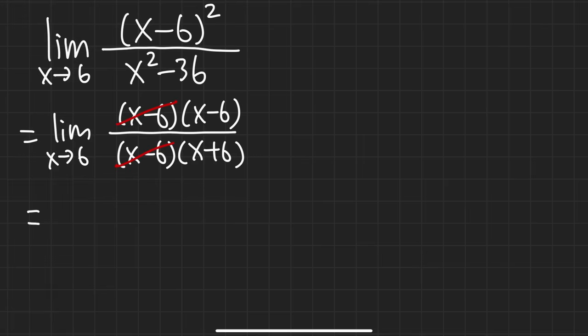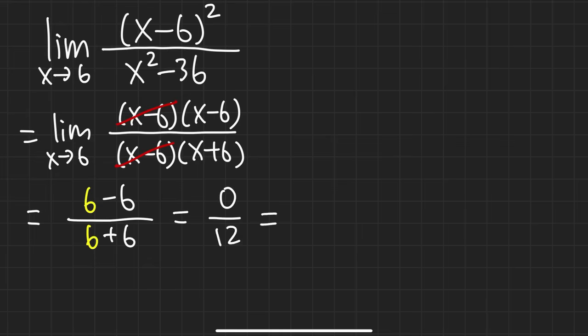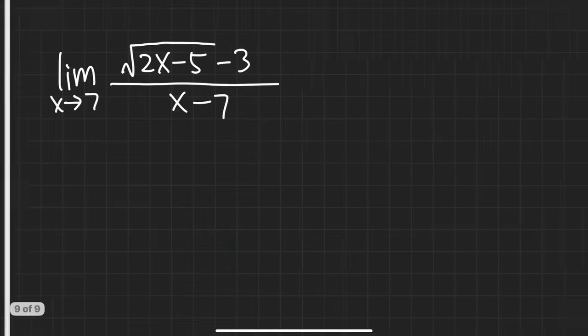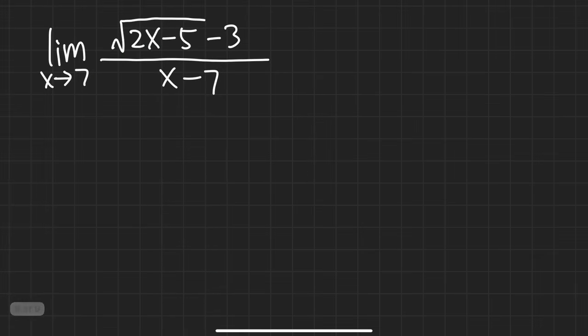So this is equal to 6 for the x, and then minus the 6 over 6 for the x, and then plus the 6. The top is 0, the bottom is 12. Altogether, we get 0. 0 over a finite number, we get 0. Done.